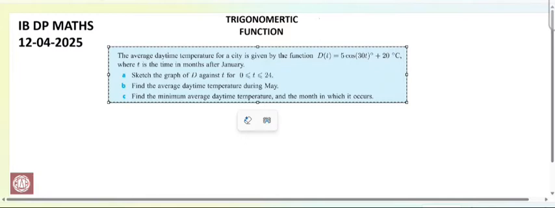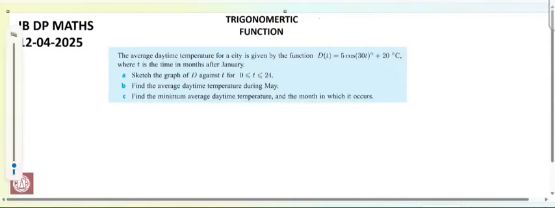Now it says sketch the graph of D against t for 0 to 24. What it means is that you have to set the calculator for 0 to 24 on the x-axis. How will you set the y value?